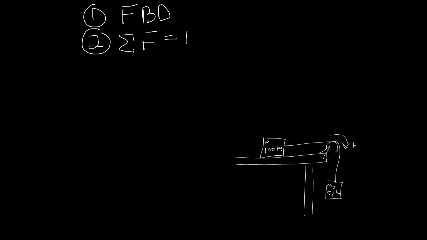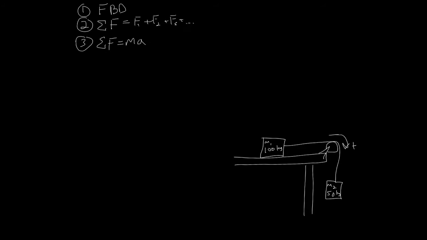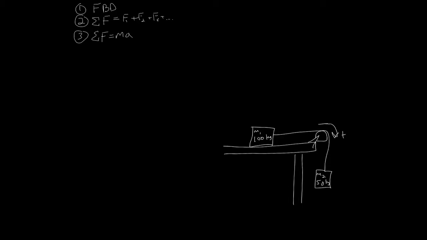To do that, we add up all the forces on it, force 1, force 2, force 3, and so on, and see what our net force is. Only then, once we've done both of those, can we go over to Newton's second law and apply that and figure out what's actually going on. So that's our goal. With that in mind, tuck that into a corner.